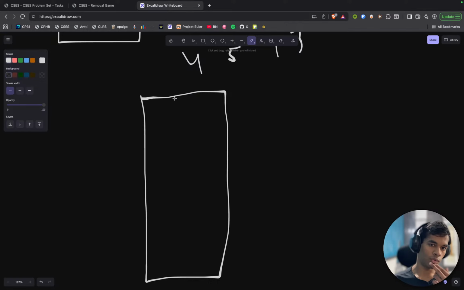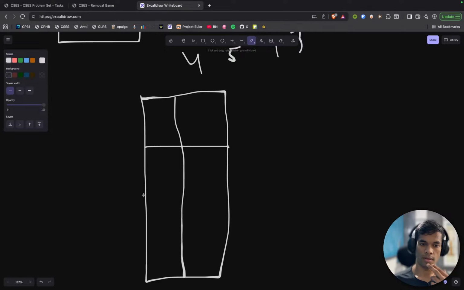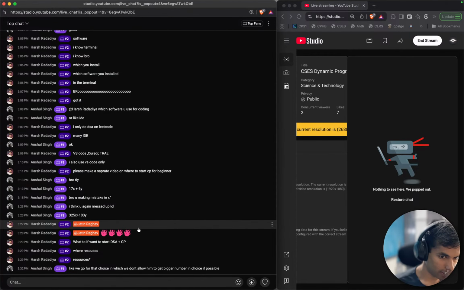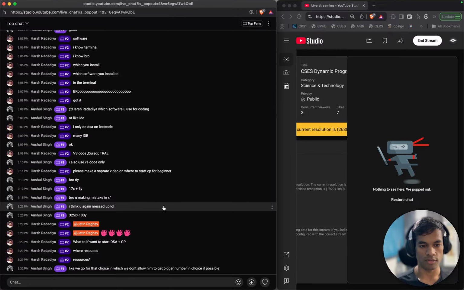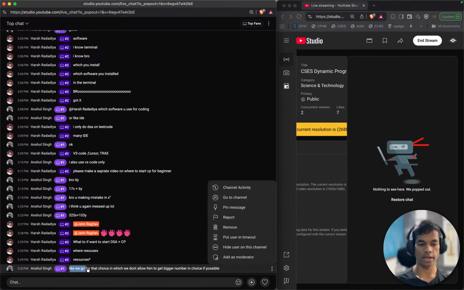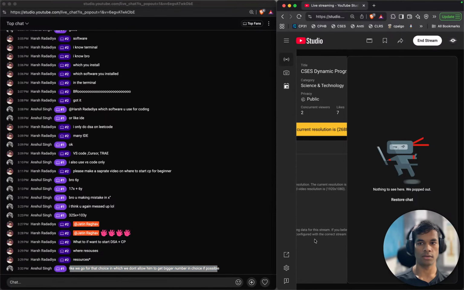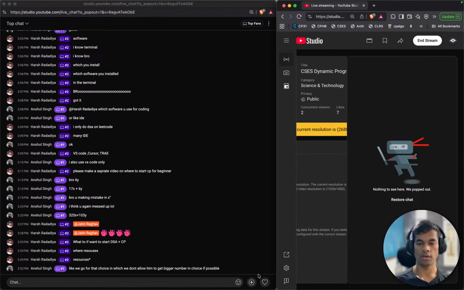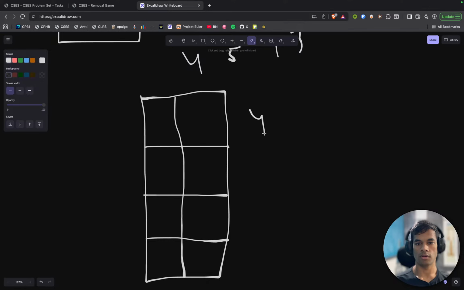I think this has to be two-dimensional, and writing a recursive formula for this would be pretty easy. Like we go for the choice in which we don't allow him to get a bigger number, if possible. That would be a greedy approach, right? And yes, that might backfire in some cases. So I'm thinking of something more like dynamic programming.